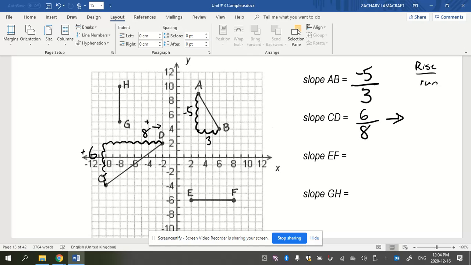We can reduce this to 3 over 4. Now, looking at slope E to F, just those two points, what's our slope? 0, right? That flat line. And then G to H is up and down, so it's undefined. Awesome.